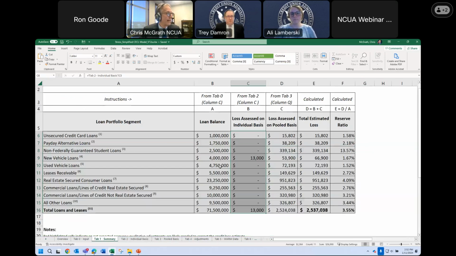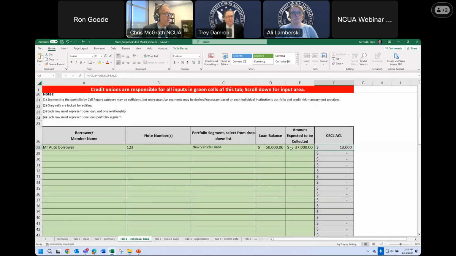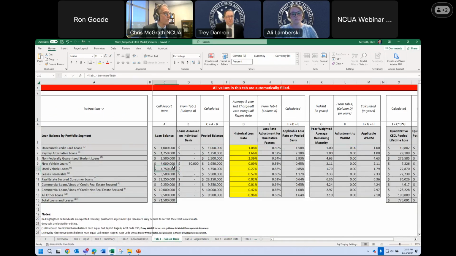If I go back to the summary tab, we can see that here we have new vehicle loans, 4 million. We're seeing an expected credit loss on this individually evaluated car loan of 13,000, which is right here. And next, when we go to our pooled basis, you'll see our original loans.